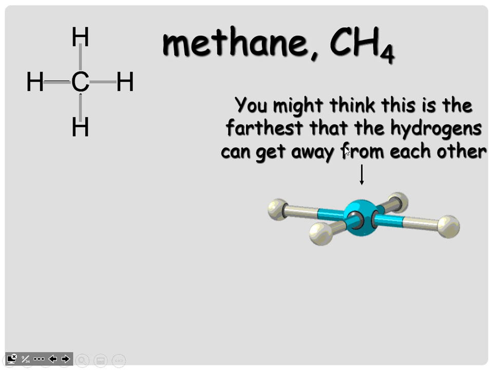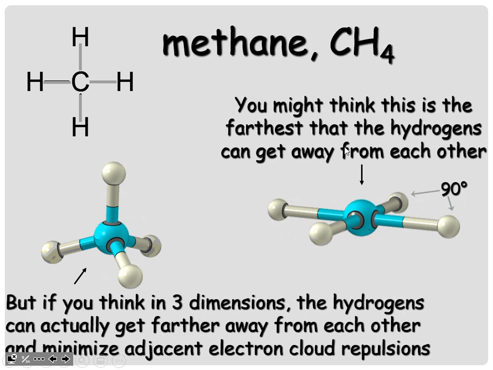However, these angles are not on a two-dimensional plane. They're not 90 degrees. They are three-dimensional. So the hydrogens are as far apart from each other as they can possibly be.